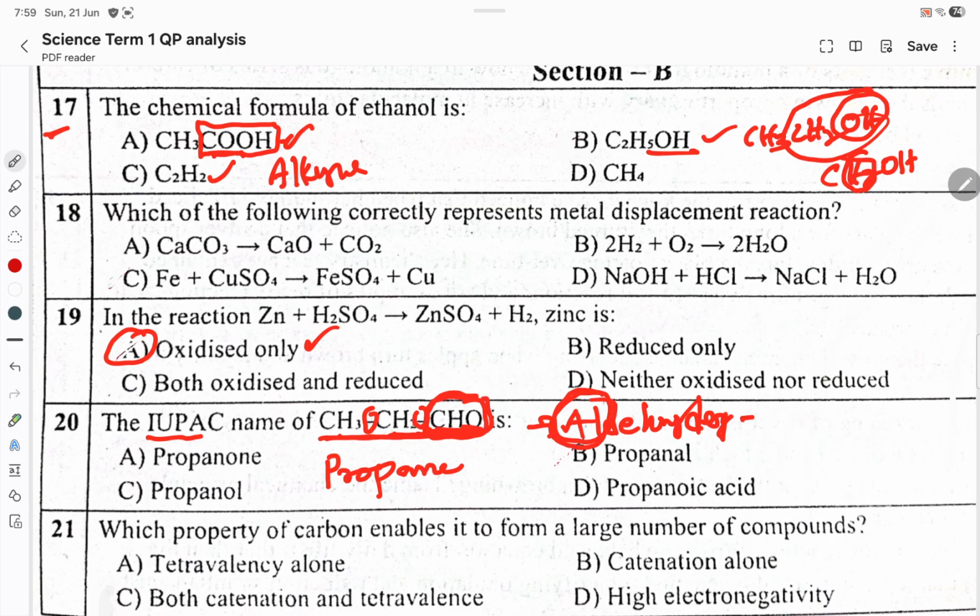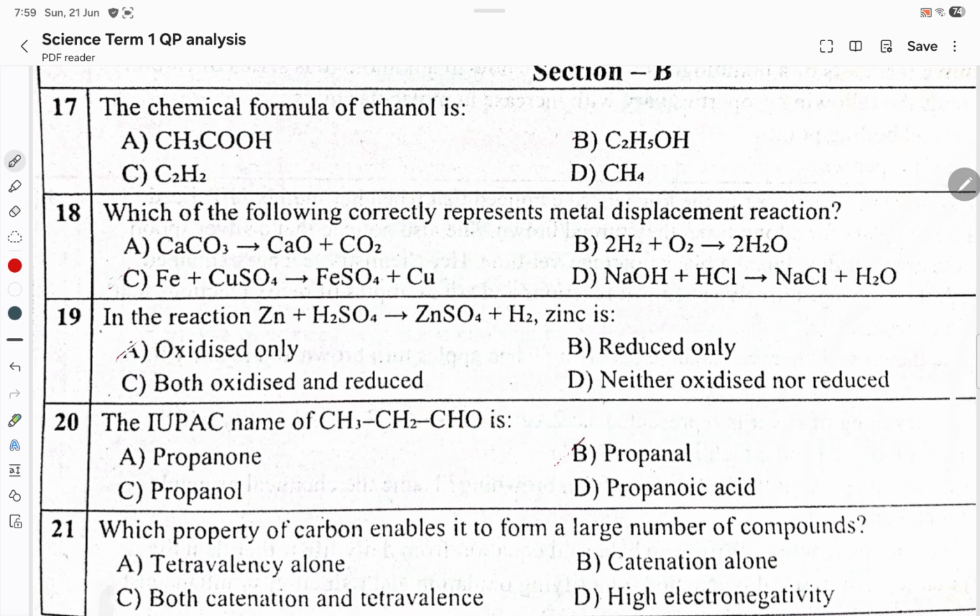Then what should we do? We have this propane, and it should be changed into a different name. How do we do that? To change this one, CHO, propane, the last letter E should be replaced by the first two letters of the aldehyde group.